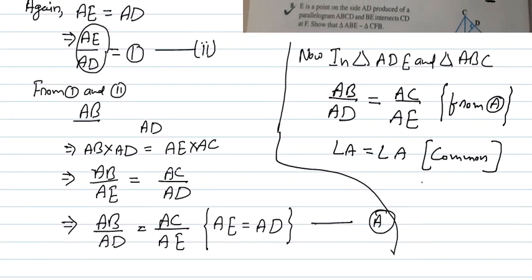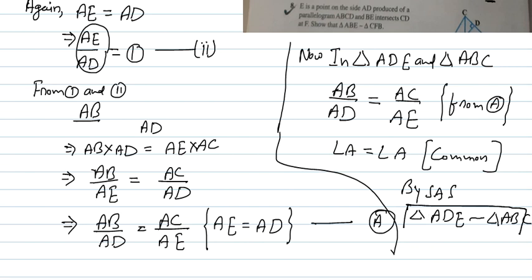So by SAS criteria, triangle ADE will be similar to triangle ABC. I hope guys this is clear. Now you can write hence proved.